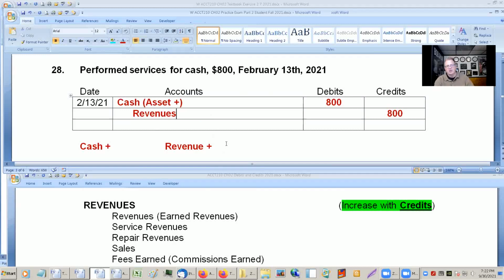So whenever you run into a revenue, it's a credit, and whatever's on the other side, cash, accounts receivable, whatever it is, is going to be the debit, because they have to equal in total. Now, if you have more than two accounts, you may have to do a little more work, but if there's just two accounts, the debits have to equal the credits.